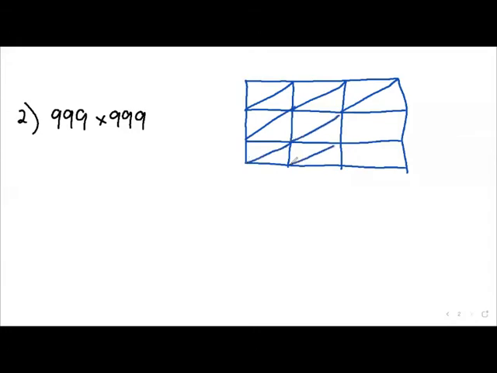But it's not difficult with the lattice method. It's not difficult with the other method either, you know, but honestly, as I said, it's easy to get lost. It's easy to lose track. Once you multiply a 3 digit by a 3 digit, it's very easy to lose track, go down the line. So watch how easy the lattice method makes this look. So 999 times 999.